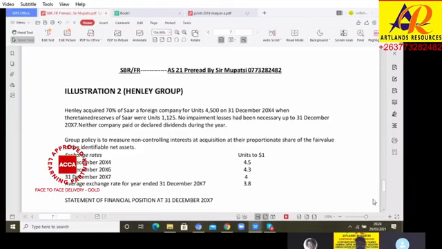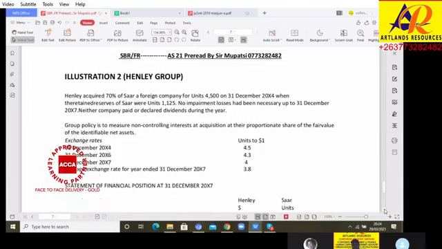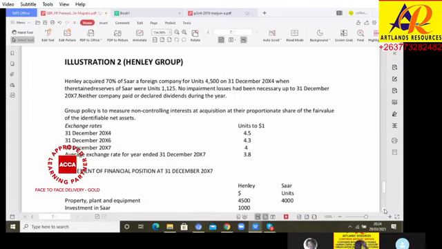So now continuing. Last part, with this one we will be quick, don't worry. Henley acquired 70% of SAR, meaning this is a subsidiary, for 4,500 units. In other words, the foreign currency is just called units. On 31 December 2024, when the retained reserves of SAR were 1,125.